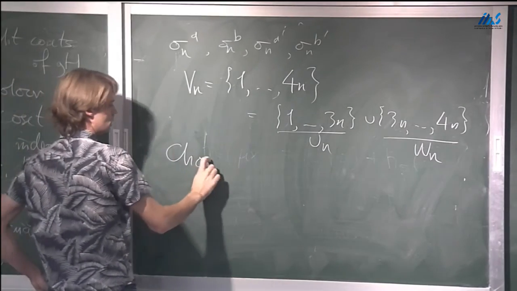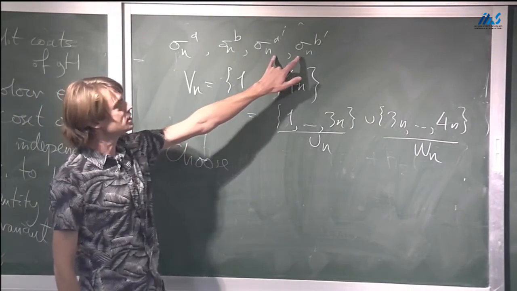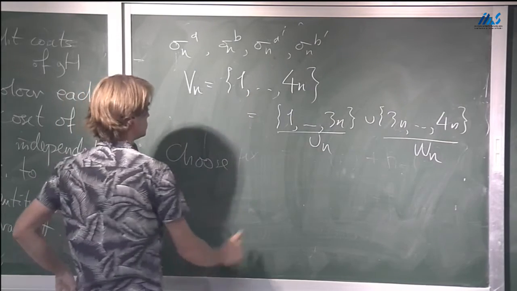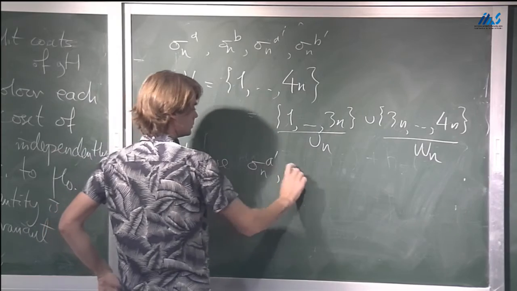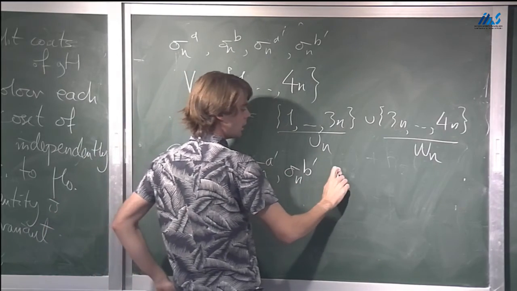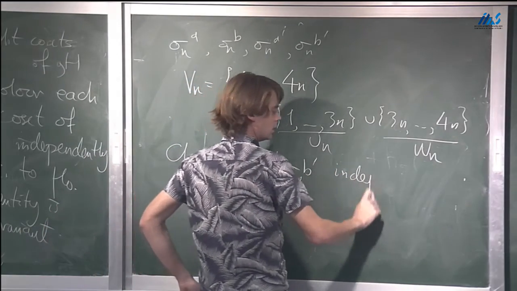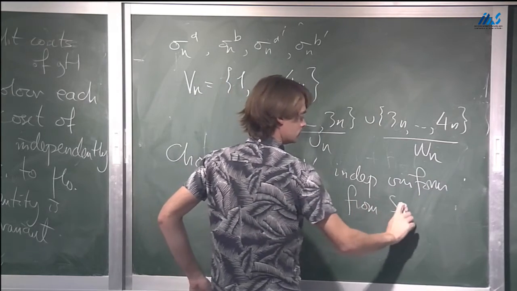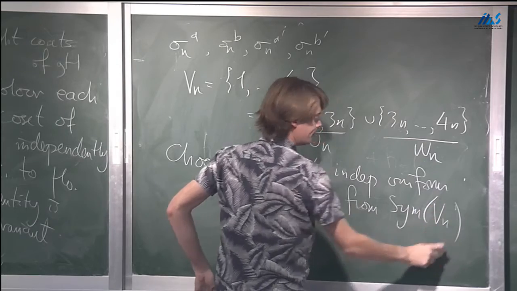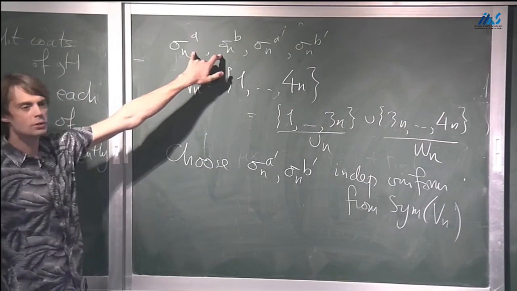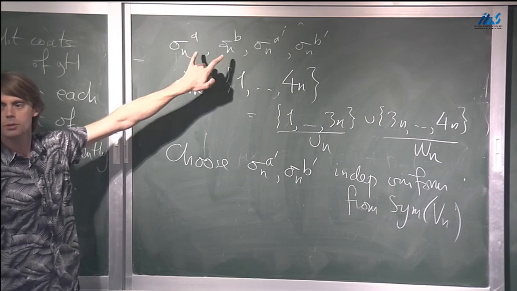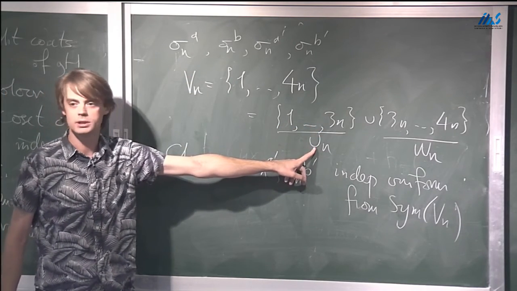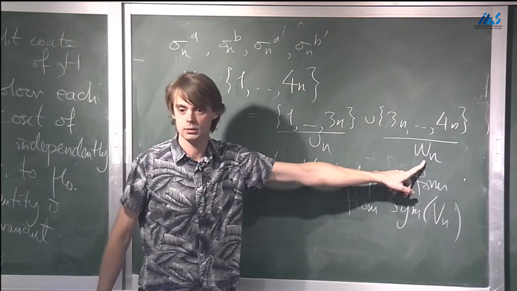Now, for these two generators, just choose uniformly at random two permutations of the whole thing, independent and uniform from the symmetric group of Vn. And for these two, you also make an independent uniform choice, but only from those permutations that respect this partition. So really you're choosing a pair of permutations within here and a pair of permutations within here.